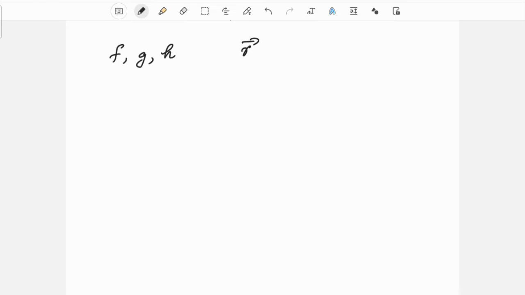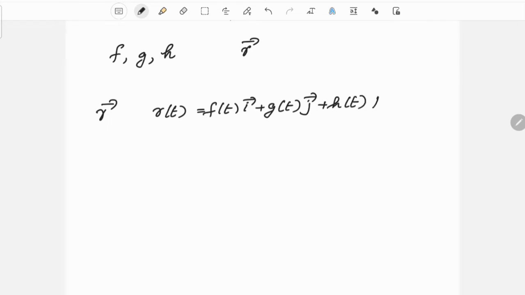That is, let r be a function defined by r of t is equal to f of t i plus g of t j plus h of t k, where all these functions f, g, h are real valued functions.